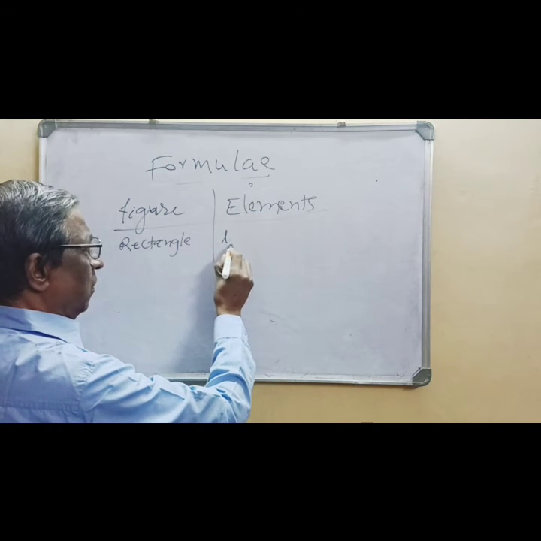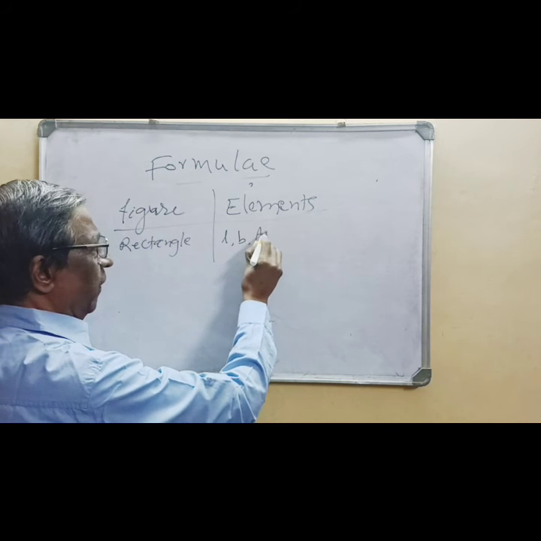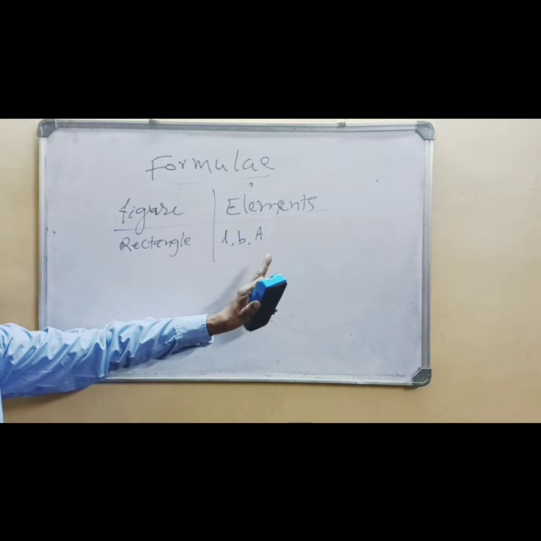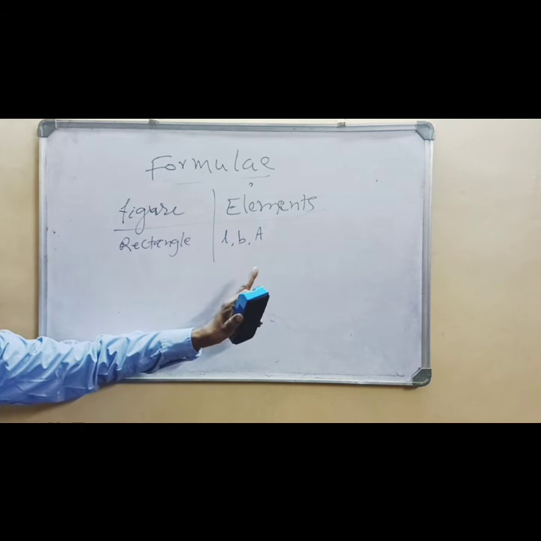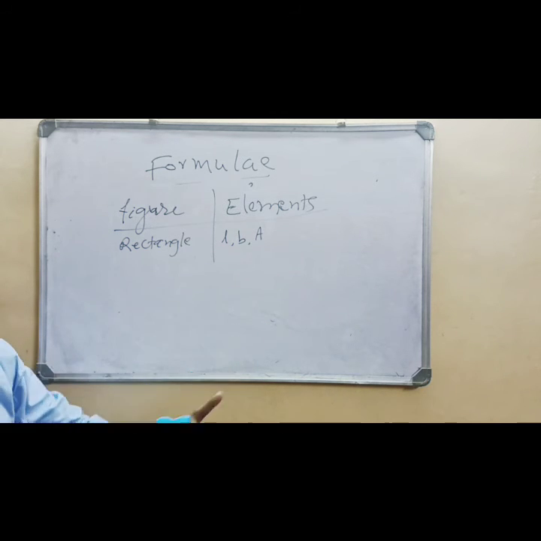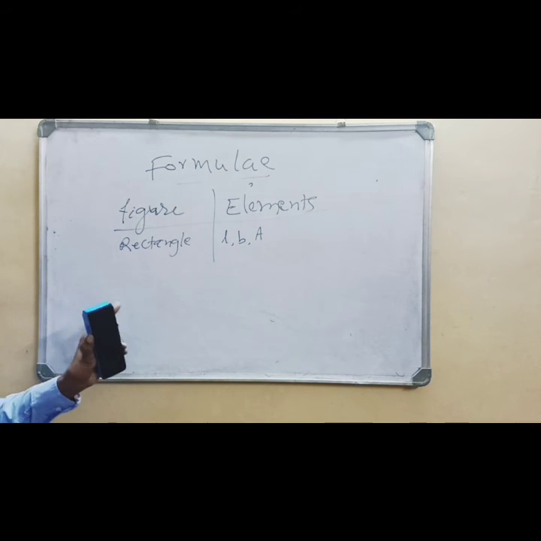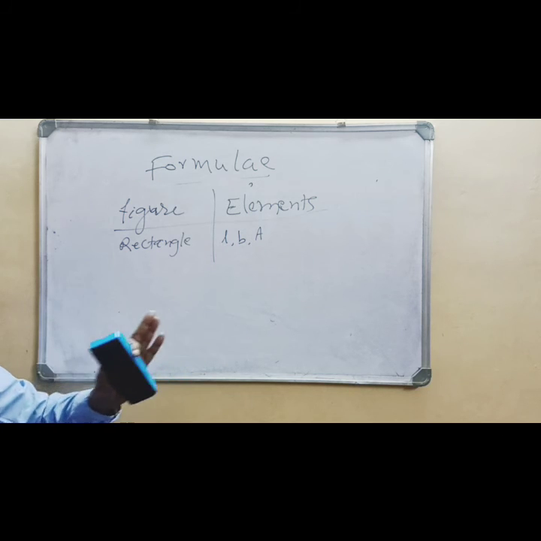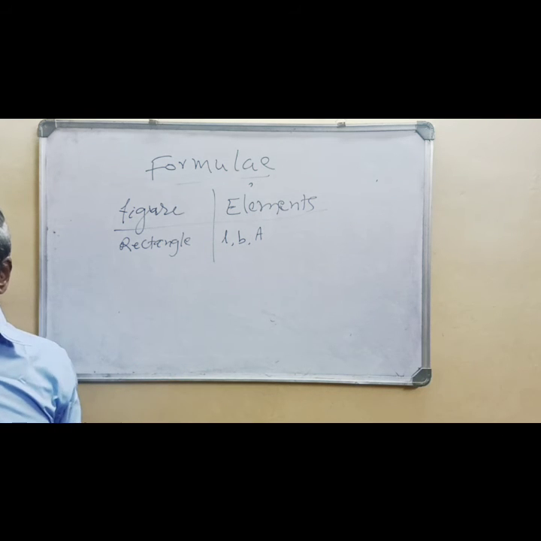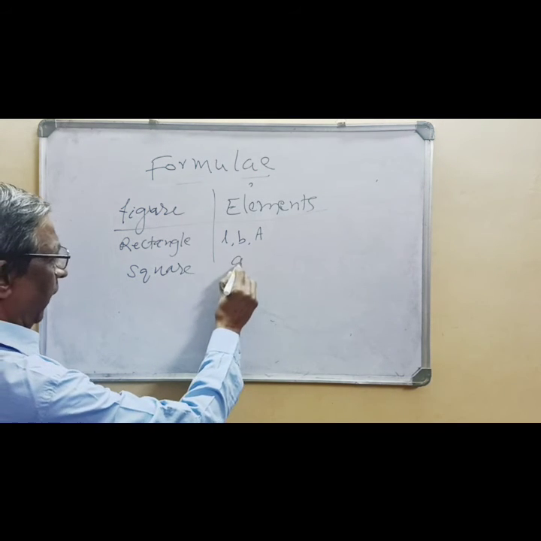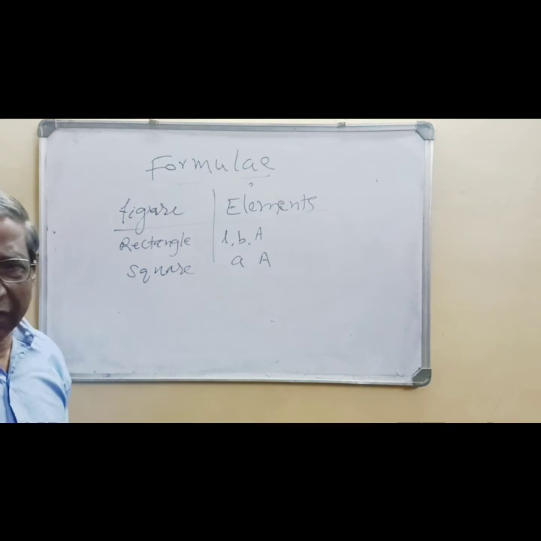Length, breadth and area. These are the elements I call. So elements, I have told already, are the parts. They determine the figure. If you know the length and breadth are given, you can definitely draw the rectangle that you require. Similarly, in a square, a and a, these are the only two elements.